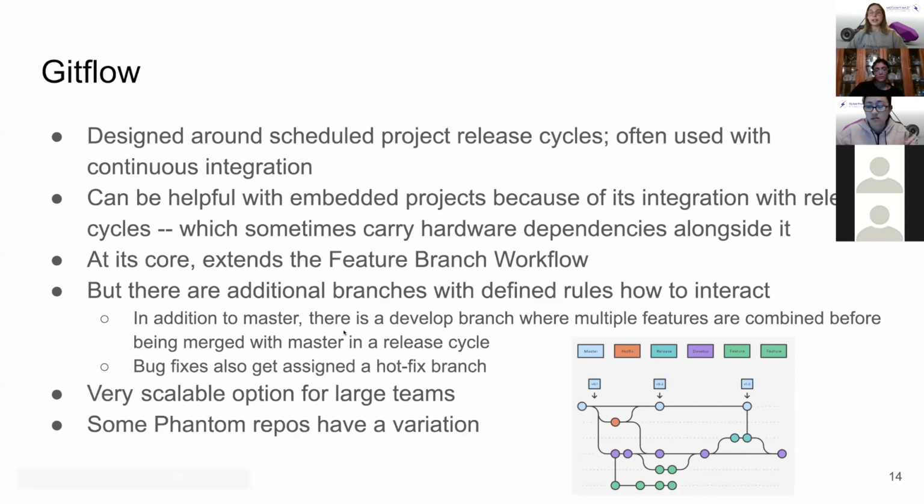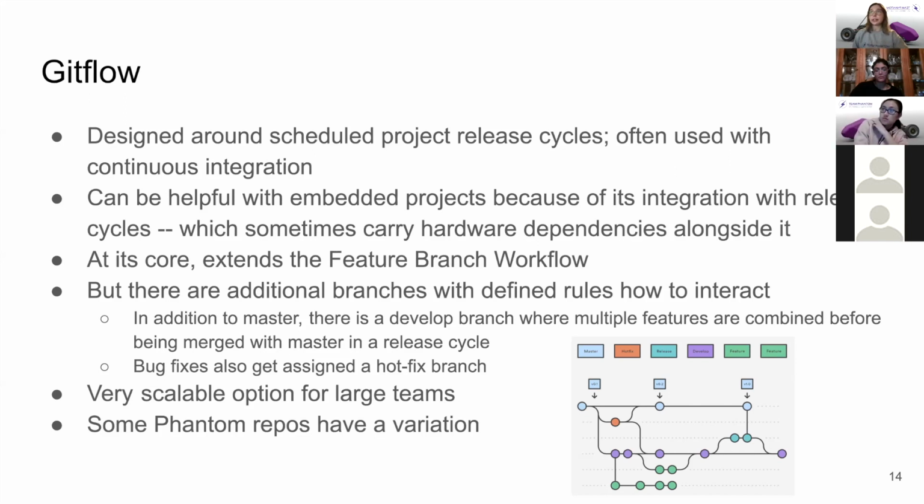And the next development flow that we're going to touch on is Git flow. So this one is actually just an extension of the feature branch workflow, so everything that we just covered also applies for Git flow.